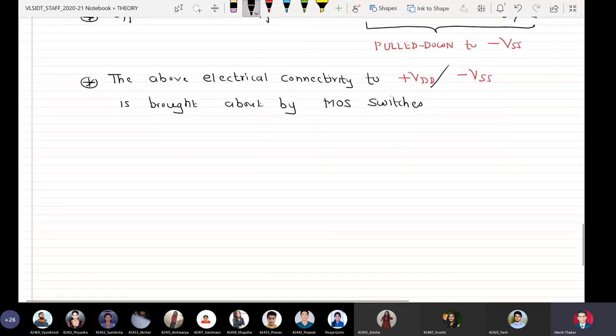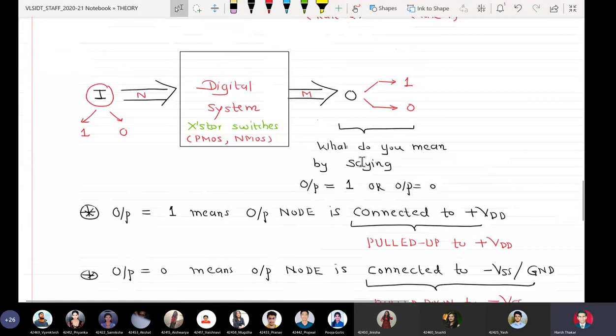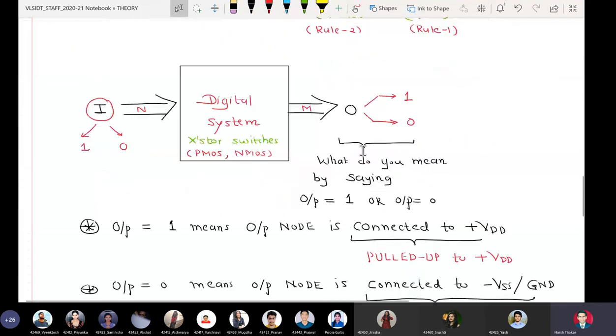Okay, and we know that MOS switches are of two types, PMOS and NMOS.